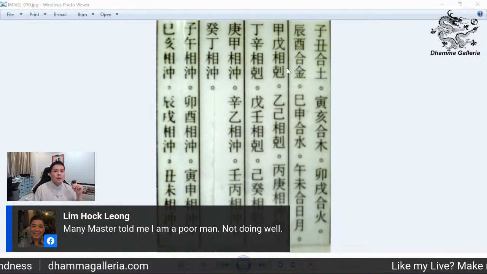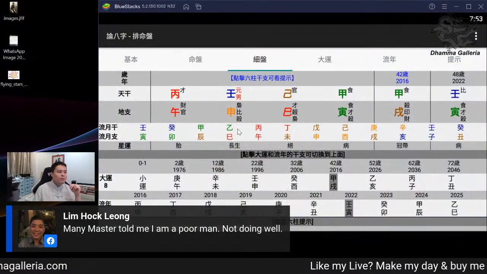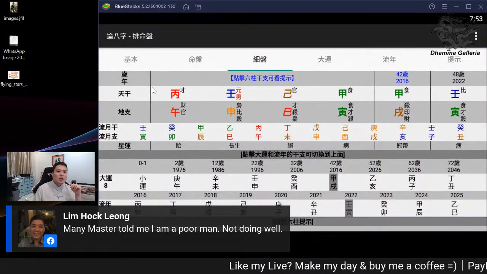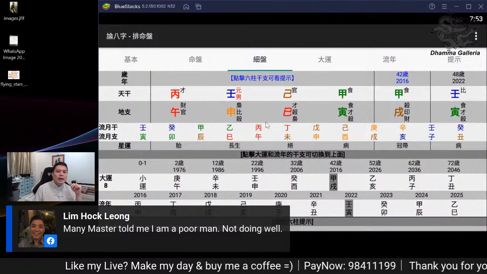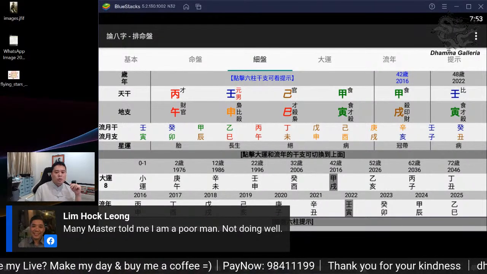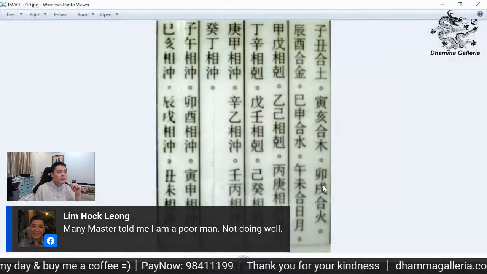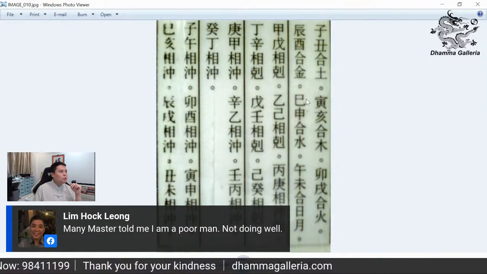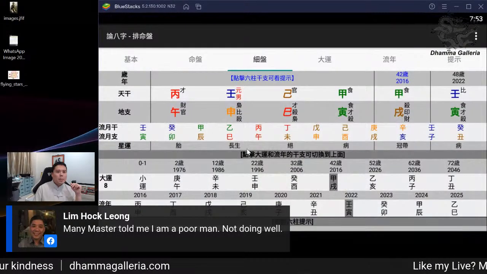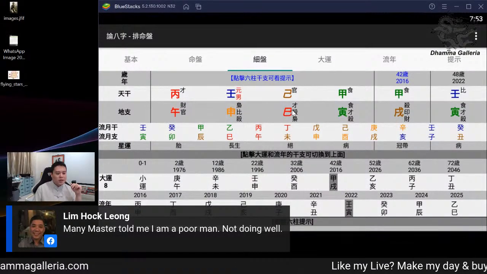I believe most of them have misinterpreted your chart, saying that you have too much fire, and they neglected that 是生河水. Look at this, right? 是生河水. So you're actually sitting on water.